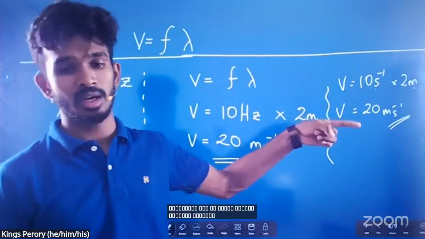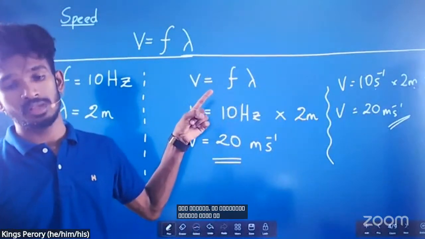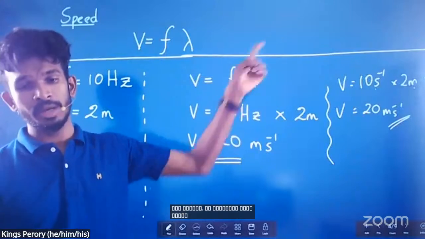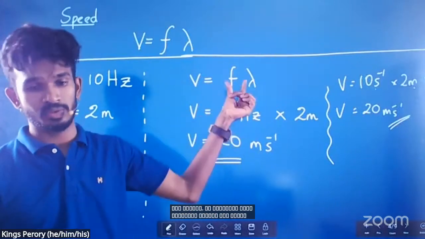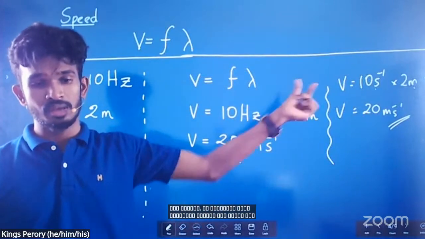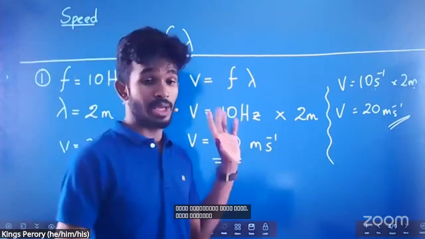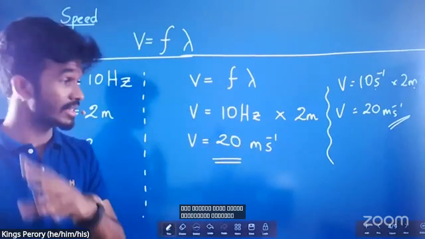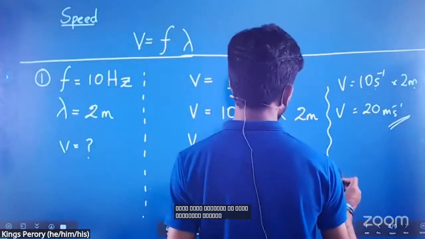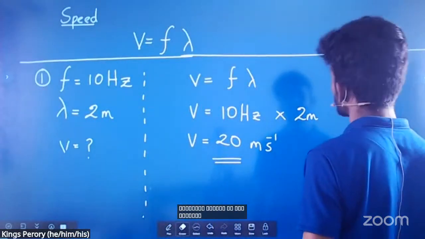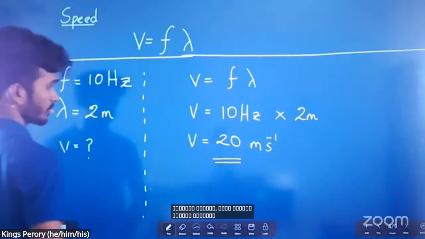That's how the unit comes. You can't change the unit. Speed is meters per second. That is grade 10 physics.